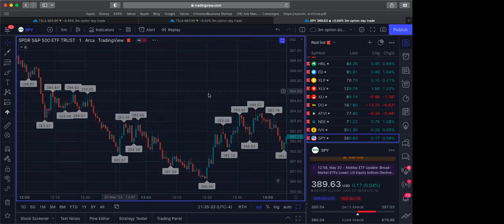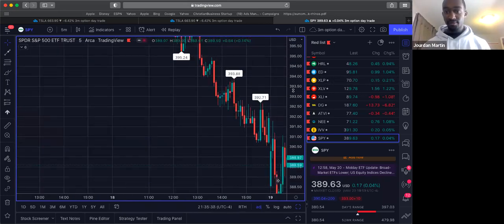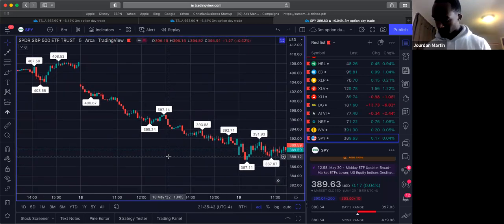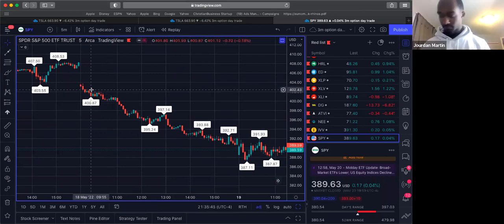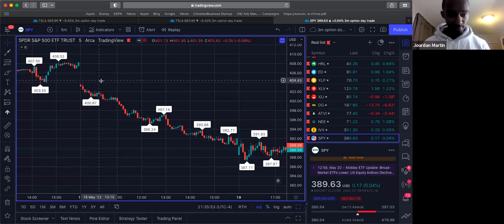I showed it on the 5-minute when I showed it in the chat, so I'll do it now. So the 18th I caught SPY puts. Cool. And I have 400 puts on the 18th.